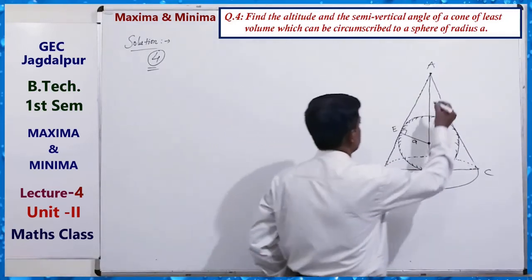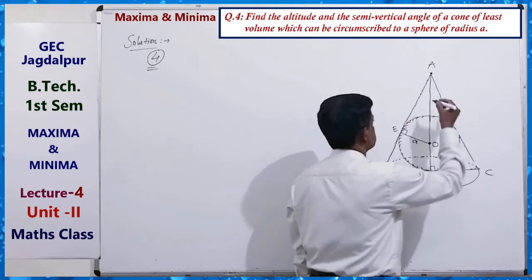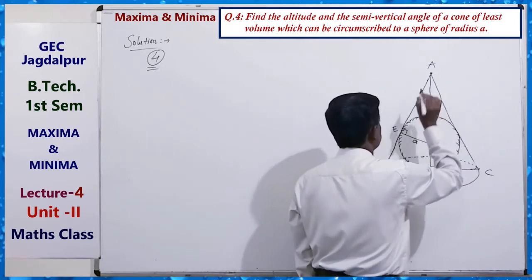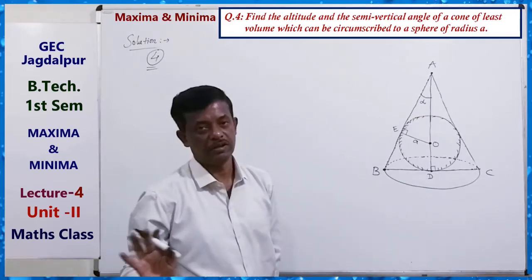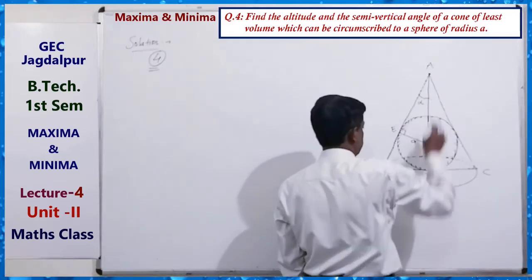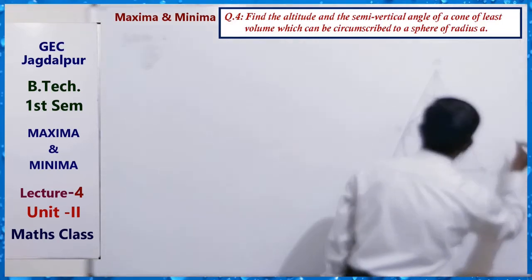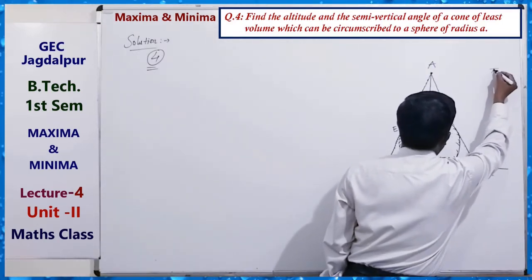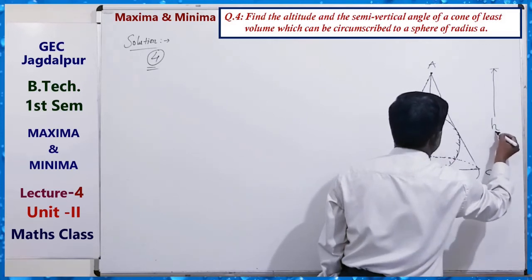And the semi-vertical angle, suppose what is the semi-vertical angle? This angle is known as the semi-vertical angle. Just we have to find this. Suppose the semi-vertical angle is alpha and the height from this to this, suppose the height is h.